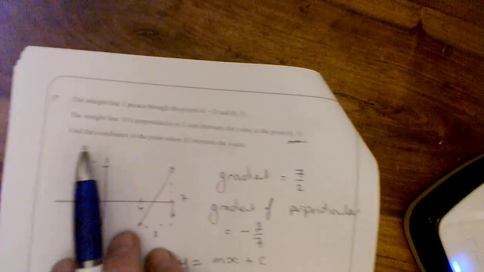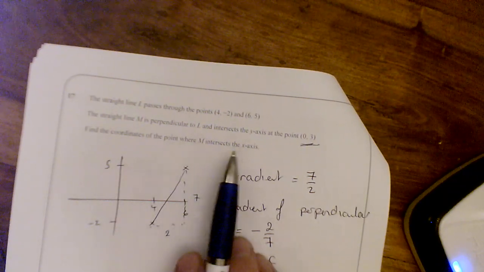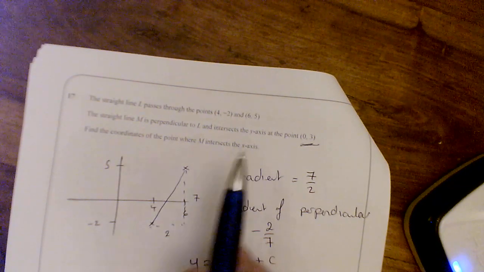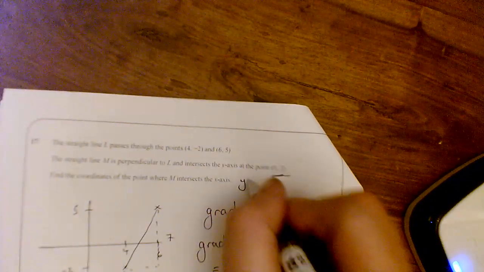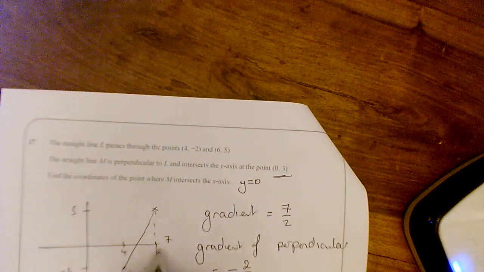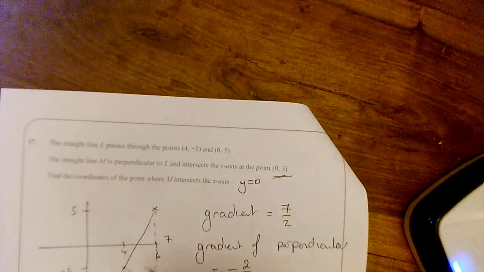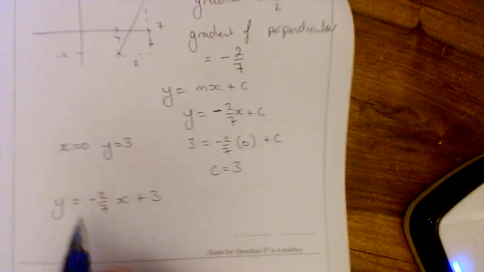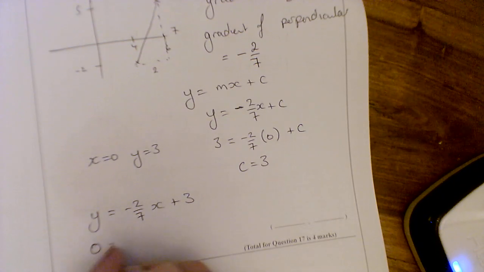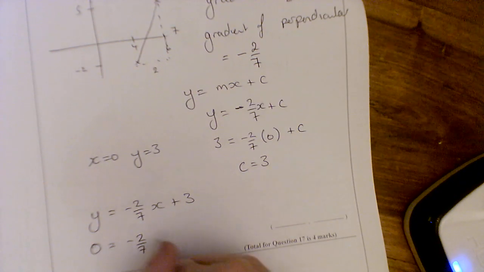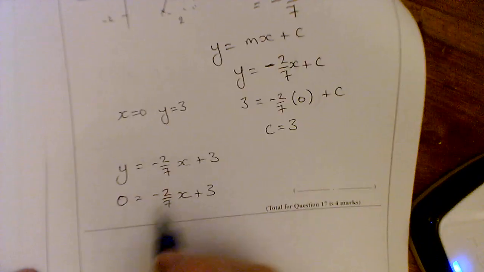And now what we want to know is to find the coordinates of the point where m intersects the x-axis. Well, on the x-axis, y equals 0. So this is 4, 0, this is 6, 0, y is 0 on the x-axis. So if we put 0 here, we get 0 equals minus 2 over 7 x plus 3. Let's take this over.